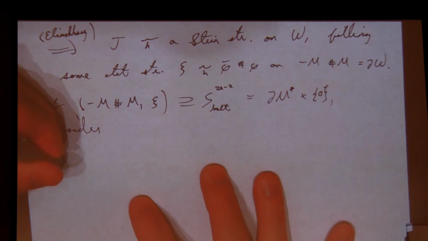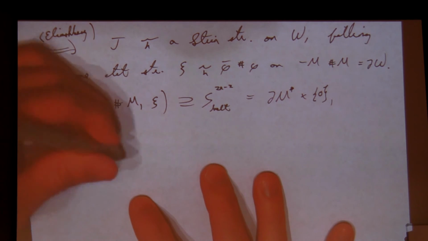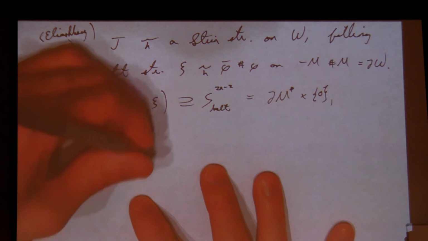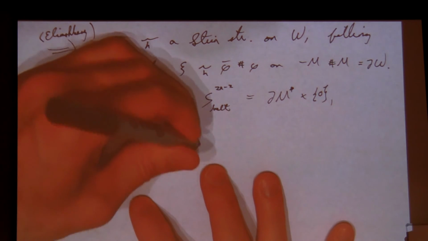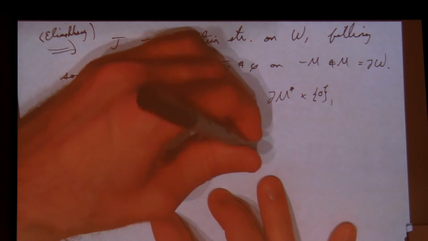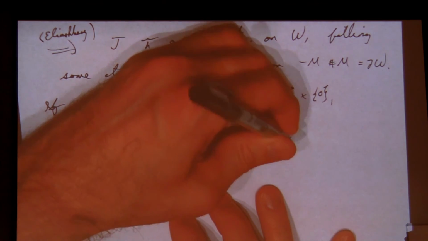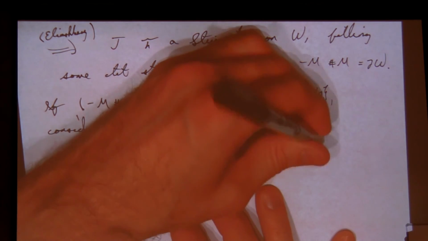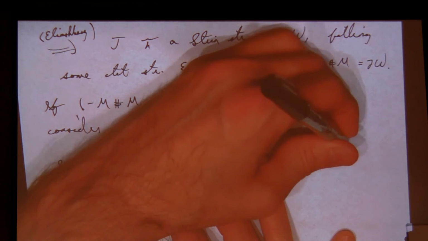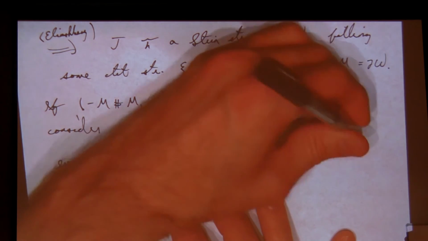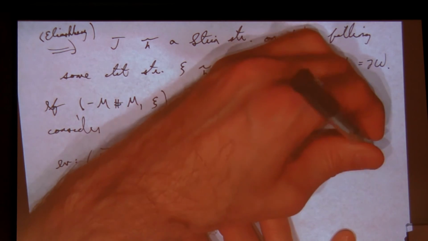We have the evaluation map, which takes us to the filling M star times interval, and it takes the boundary to the belt sphere, which is boundary of M star times 0.